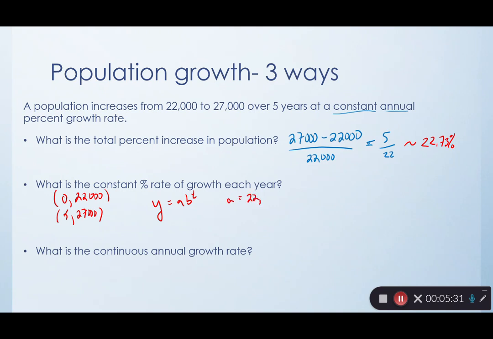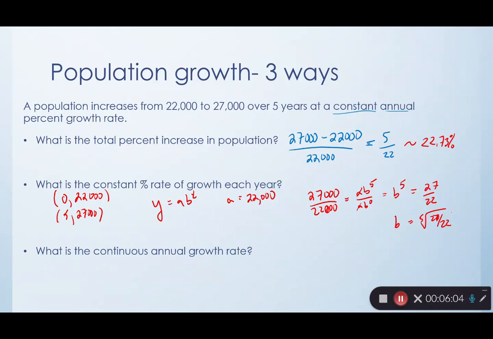So we have 22,000 initial population. And so we can look at our ratios. We can say 27,000 over 22,000 is AB to the 5 over AB to the 0. A's are going to cancel, and so I've got B to the 5th is this 27 over 22. So my B is going to be the 5th root of that, 27 over 22.